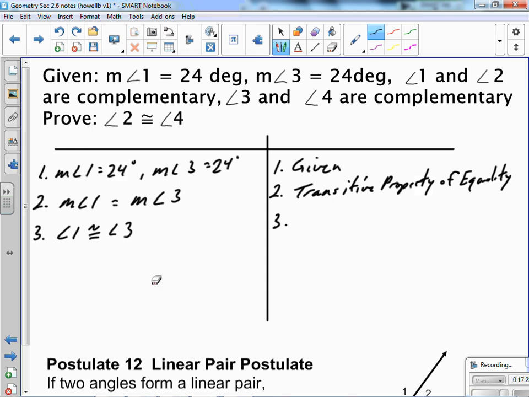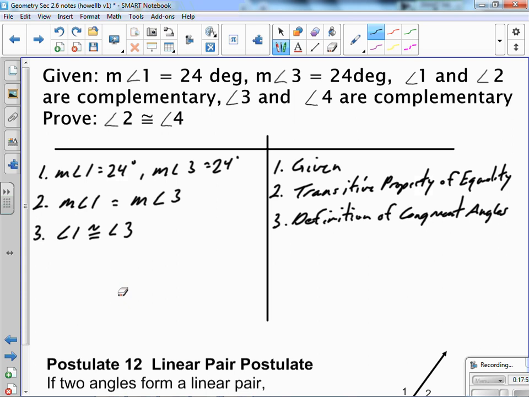And that's going to be by the definition of congruent angles. Alright, so that's all I can do with that information that I start out with in the given.